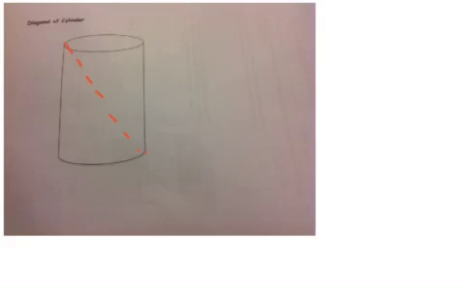So the height of our cylinder is 20 inches, and the diameter of our cylinder is 10 inches. So go ahead and take a minute or hit pause and see if you can find what is the distance of the dashed line or the diagonal of the cylinder. So go ahead and do that. Hit pause.